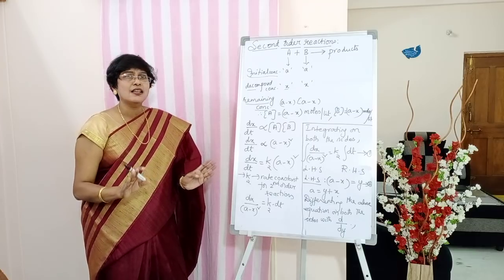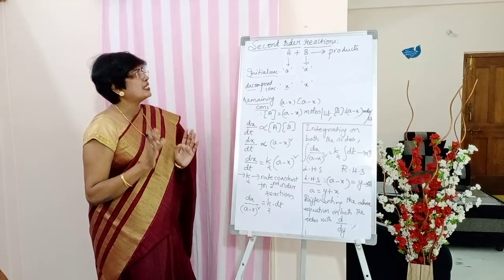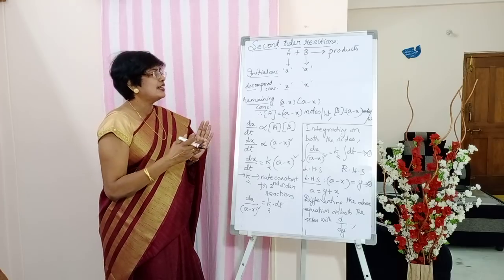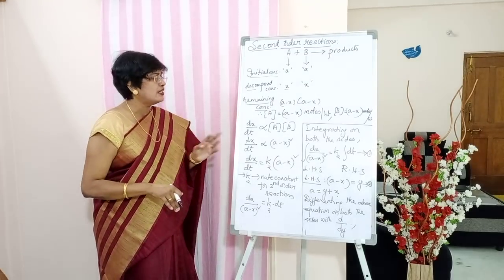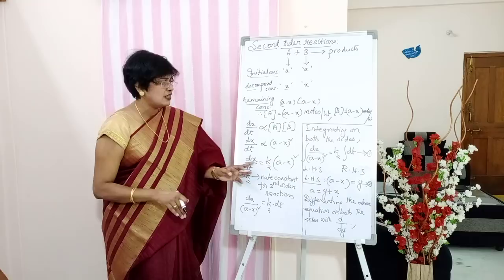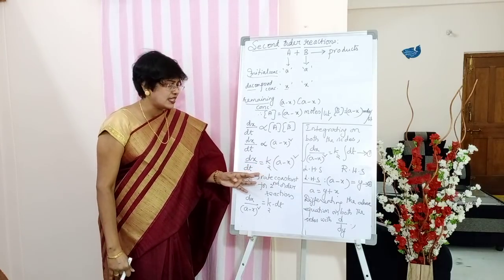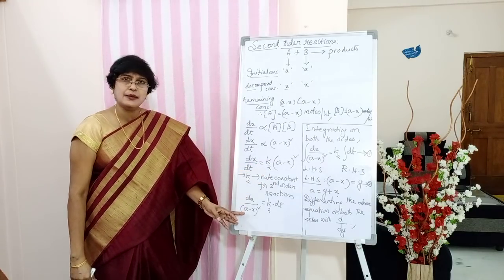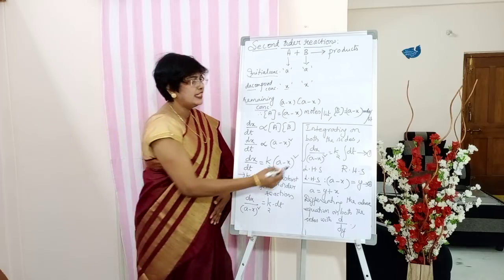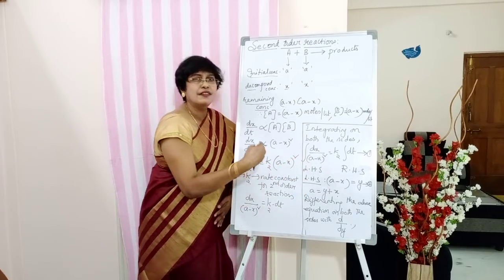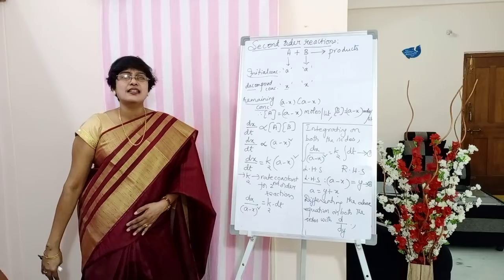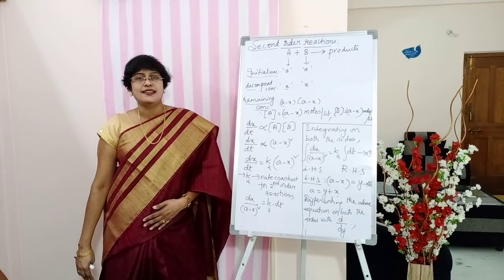Till here clear? First the definition, next the representation of the reaction with initial, decomposed and remaining concentration, writing the rate expression, introducing the rate constant, bringing the same variables to the same side, next integrating, and next we will do the left hand side and right hand side portions separately.